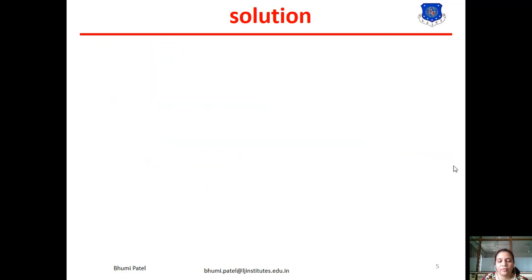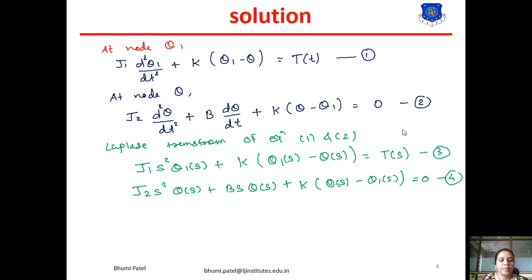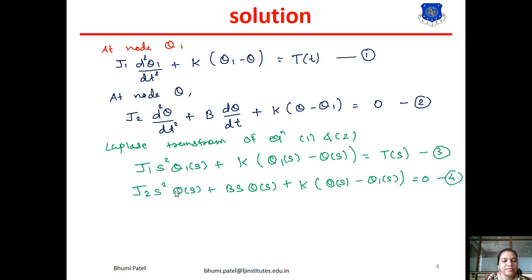Now we have to find the transfer function phi(s) upon T(s). First of all, we can find the value of theta 1(s), and this value of theta 1 put in the other equation, we can get the ratio. So using equation number 4, find the value of theta 1(s).